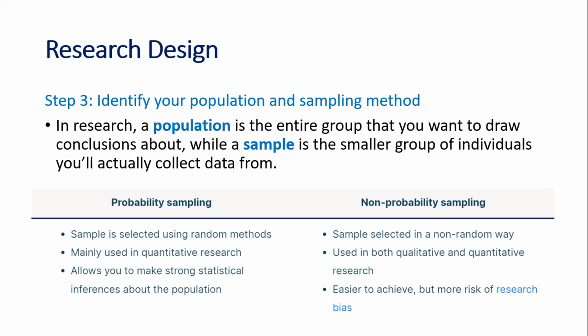The third step that we have now is the identification of population and sampling. When we conduct research, sampling is a very important methodological component. If you are studying a population, let's say in Indonesia, you cannot reach each and every person in Indonesia to get an idea about a phenomenon.